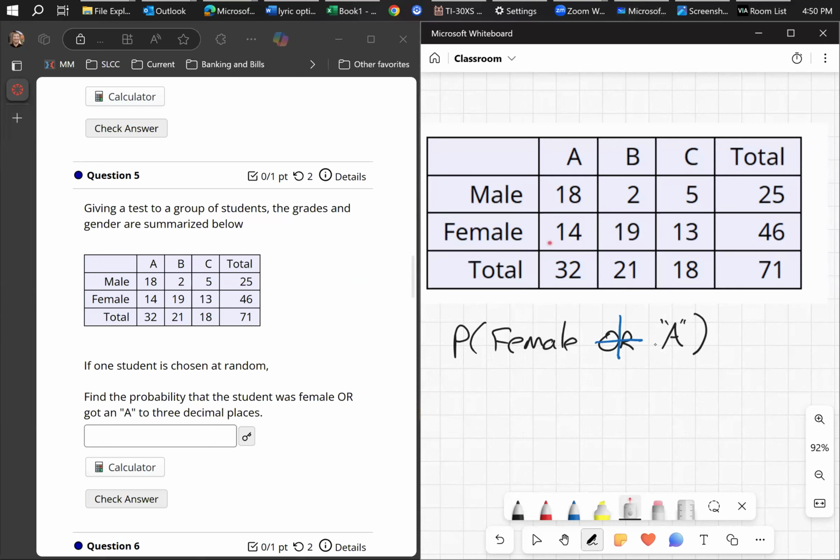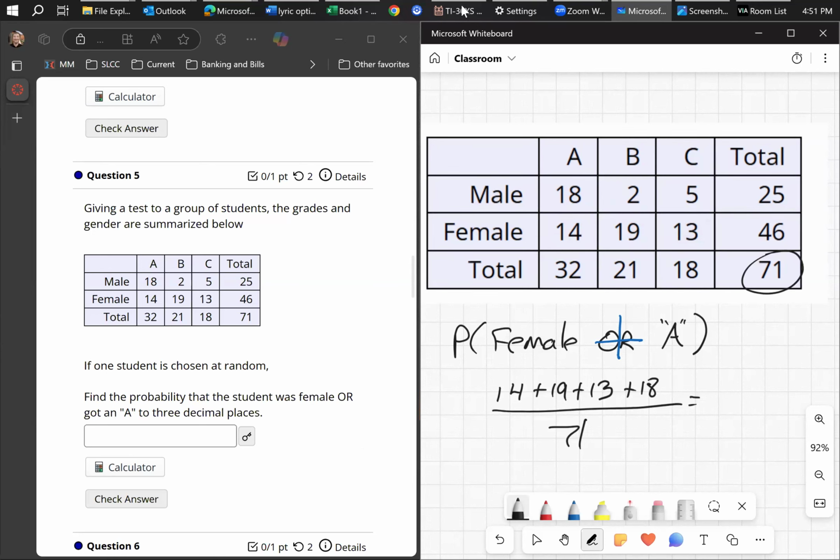Female or an A can include these 18 as well. Those 4 categories are either female or A. So doing it that way, we have the female ones or the additional A ones divided by the grand total, which we happen to have nicely.